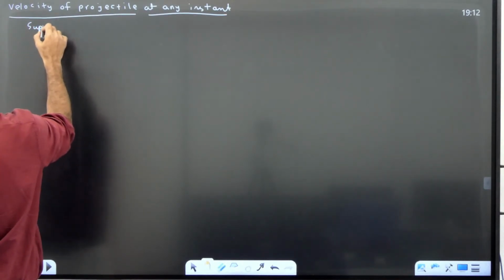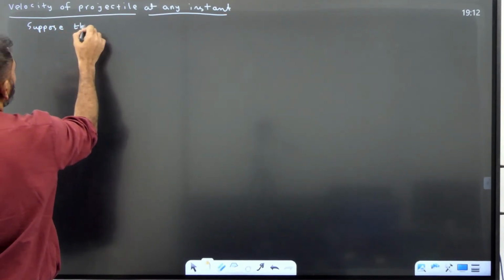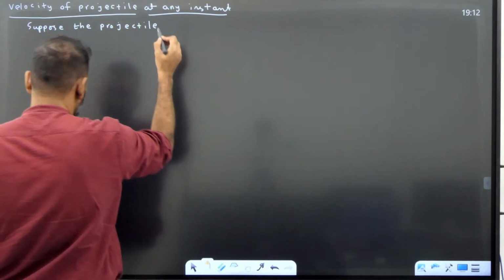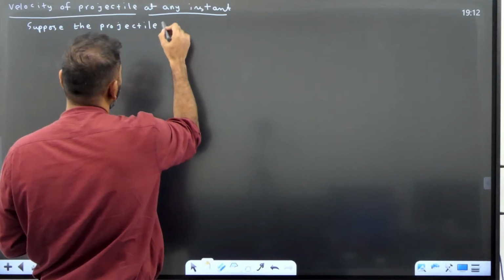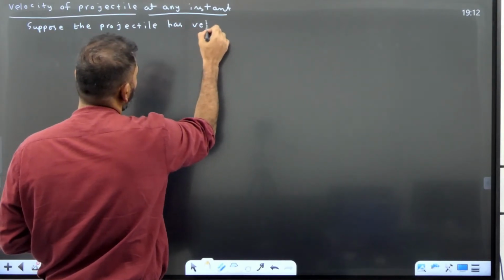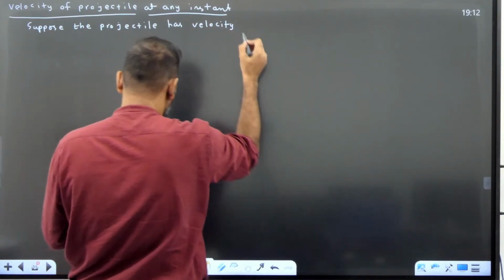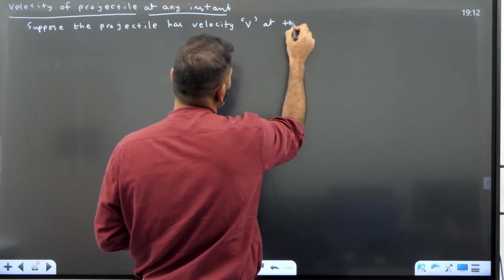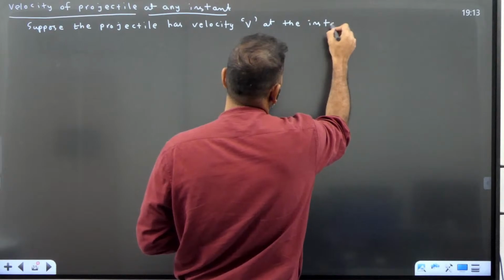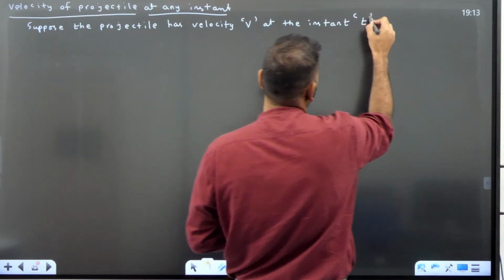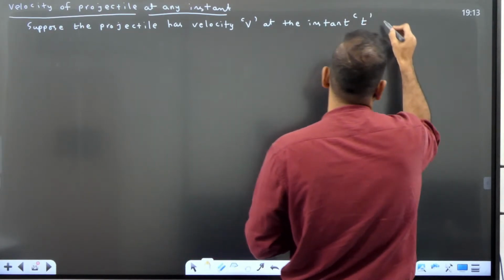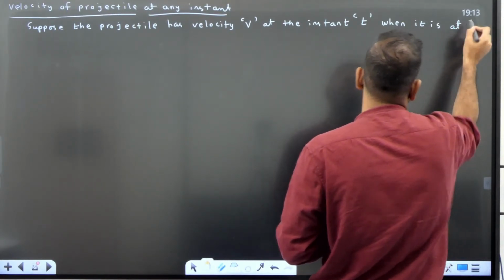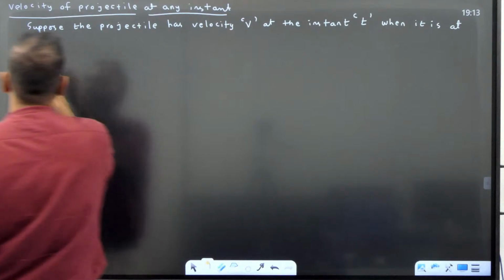Suppose the projectile has velocity v at the instant t, when it is at point P of x comma y.